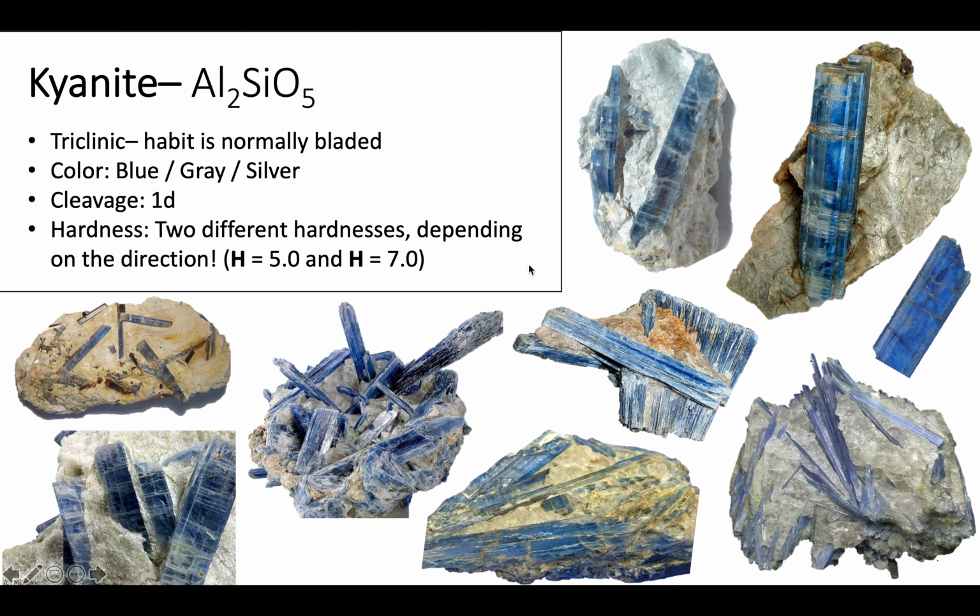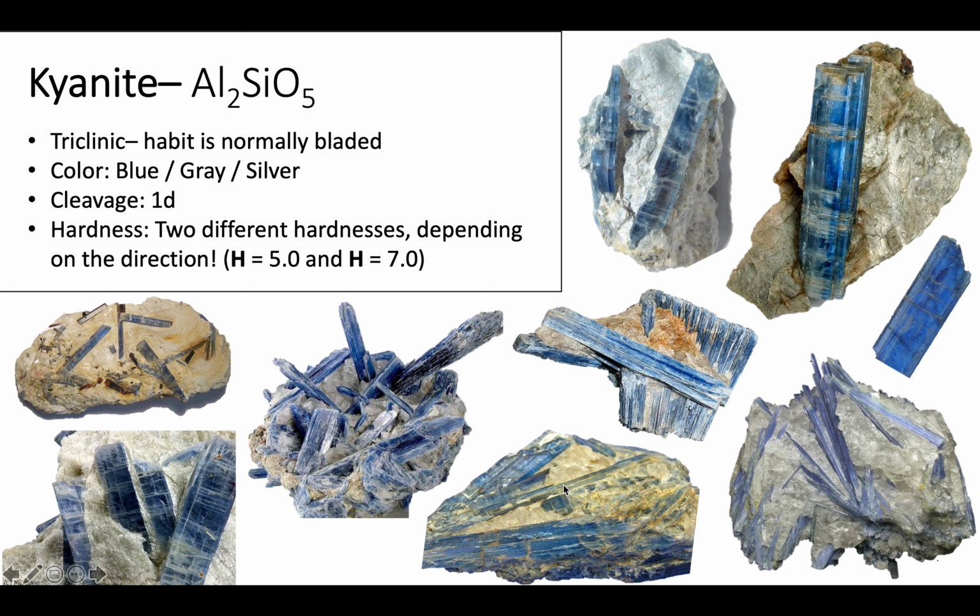And kyanite. Kyanite is one of the best minerals. It's so pretty. So kyanite, unlike the other two polymorphs of Al2SiO5, is triclinic, so it's not orthorhombic, it has less symmetry. And its habit is, in general, going to be bladed. You see these very nice, beautiful blue blades of kyanite in all of these samples here.